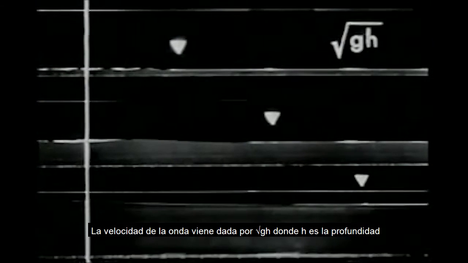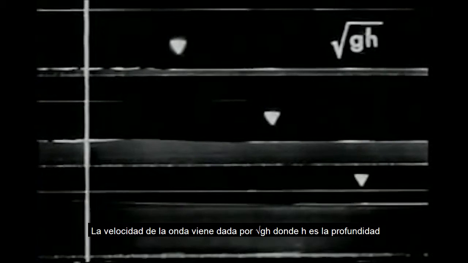Obviously, their velocities are different, the wave in the deepest water traveling fastest. In fact, their velocities are in a ratio of 1 to 2 to 3, directly proportional to the square root of the depth. The wave speed is given by the square root of gh, where h is the depth.